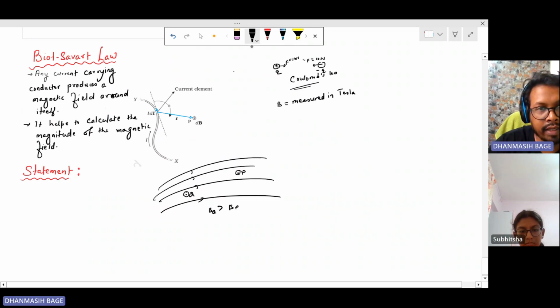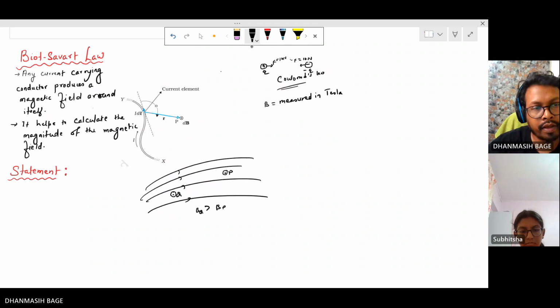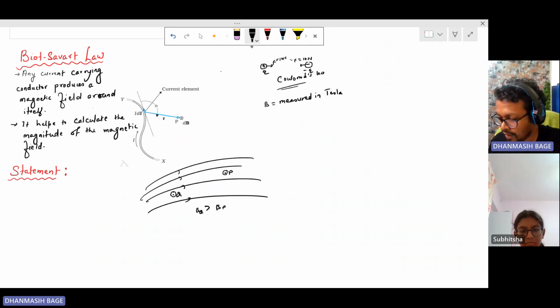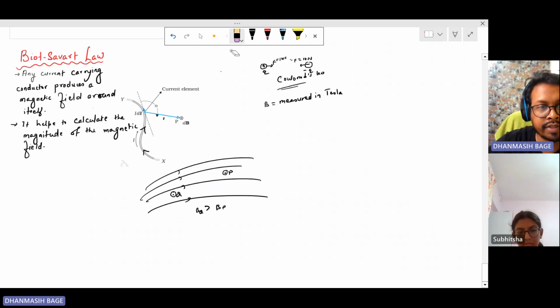Magnetic field due to a current element. If I directly use the statement of the NCERT book, then it simply says to consider an infinitesimal element. Let us say the current is flowing in this direction in this wire. The wire can be bent in any direction. So just remember that the magnetic field due to a current carrying conductor depends on the shape of the conductor.